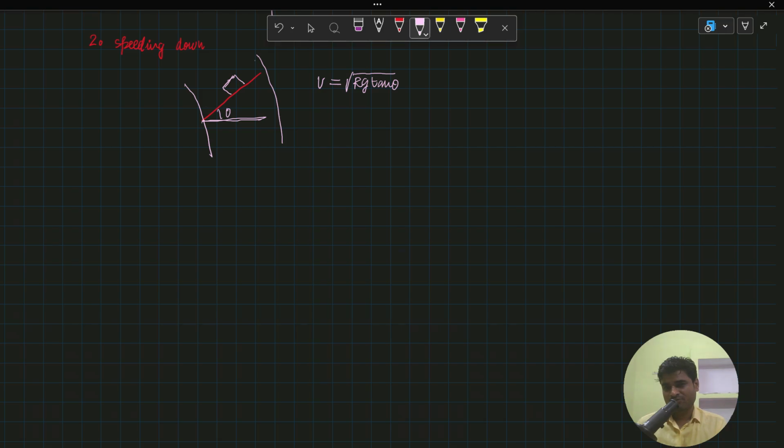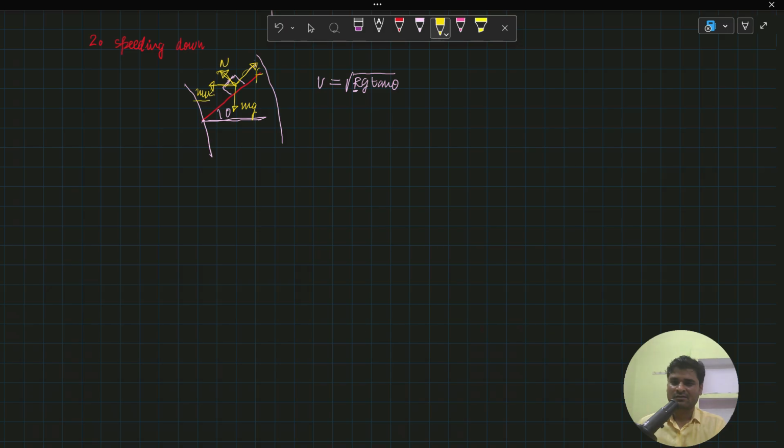So the friction will start to act. Friction will act upward in this direction. Normal, like always, will be along this direction. Weight will be acting like this.